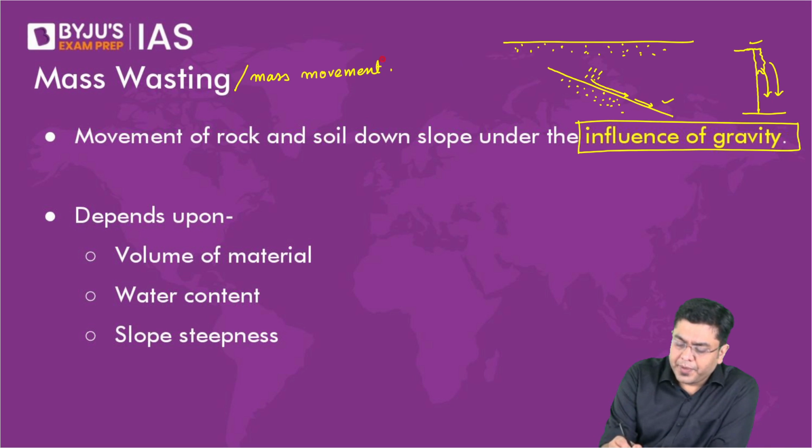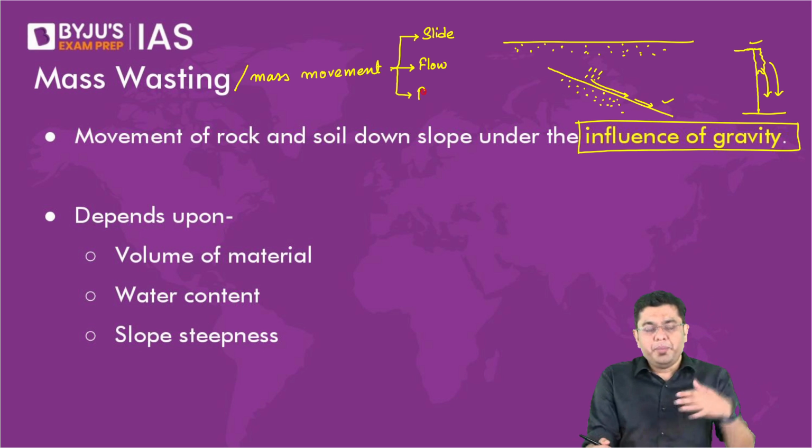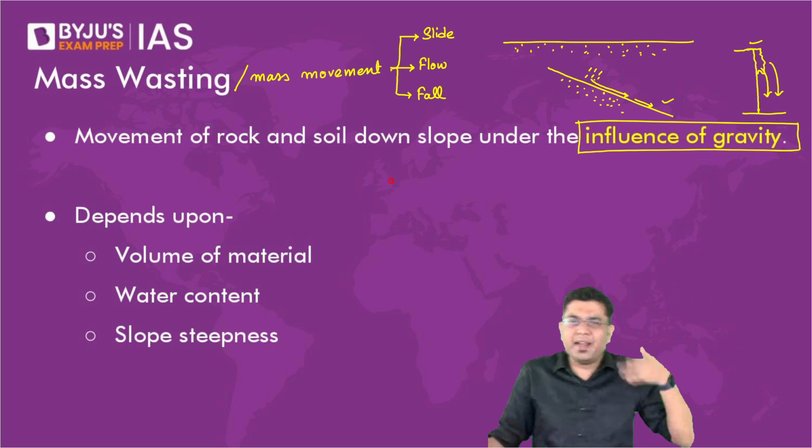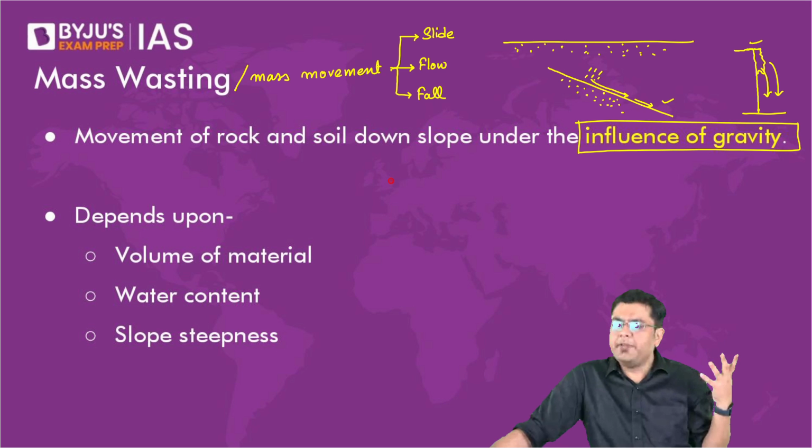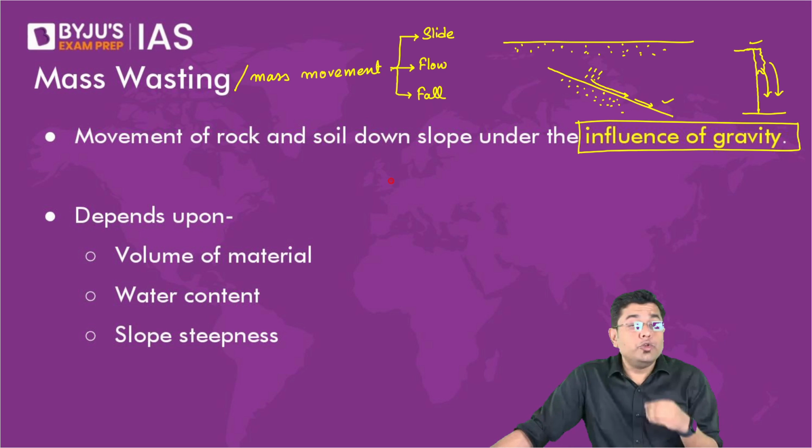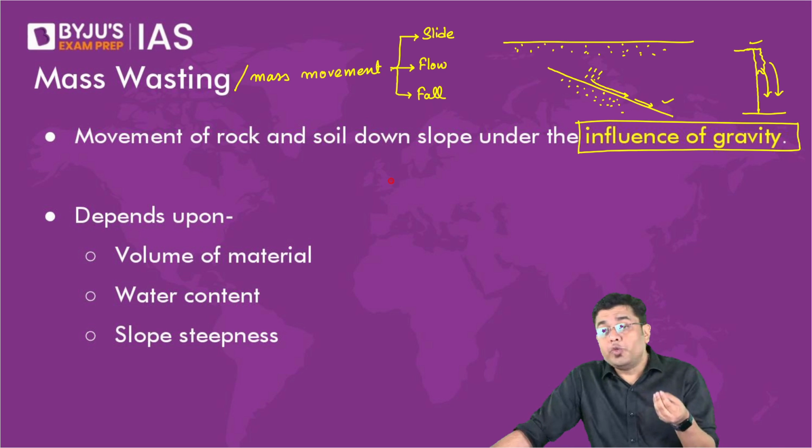So here you have the slide, flow, and fall. Slide means materials will start slipping and sliding under the influence of gravity. Then you have flow. What do we mean when we say flow?